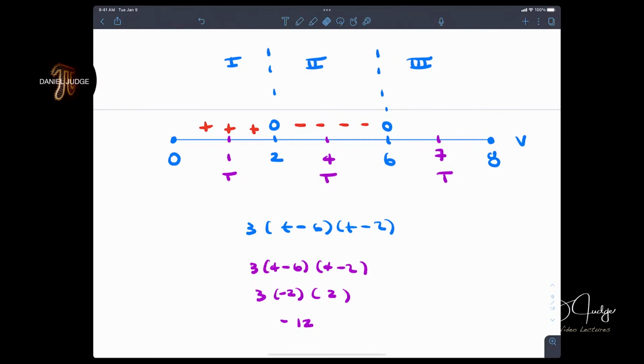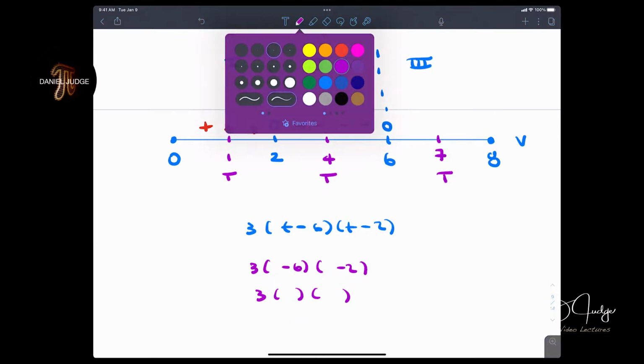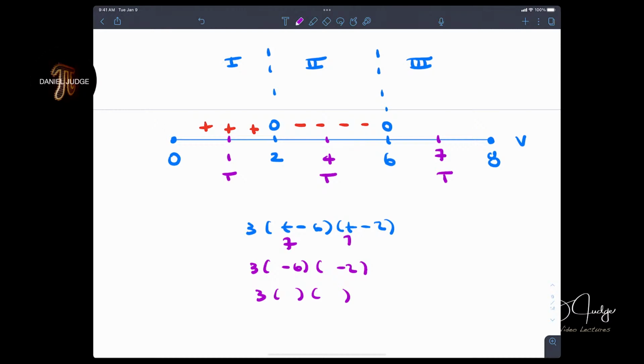Let's test region 3 now by using the test point of 7. Plug in a 7 for t. 7 minus 6 is 1, 7 minus 2 is 5, and then this will give you a positive 15. So region 3 is positive.